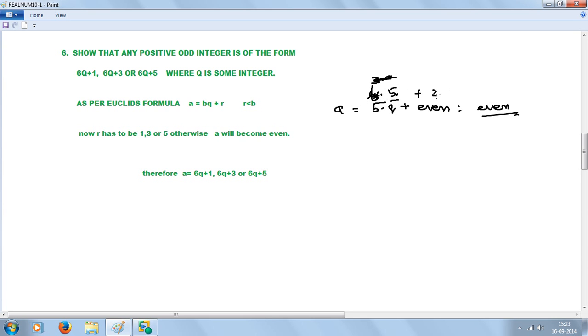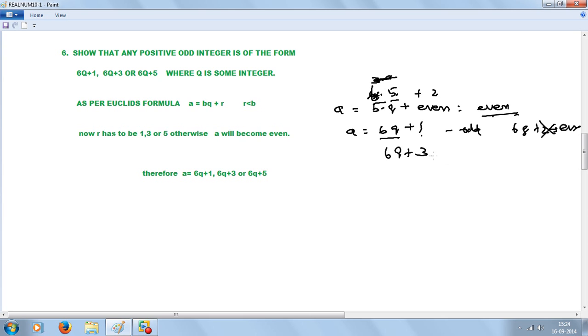If you add 1, it becomes odd. If you add 2, it becomes even. If you add 3, it's odd.